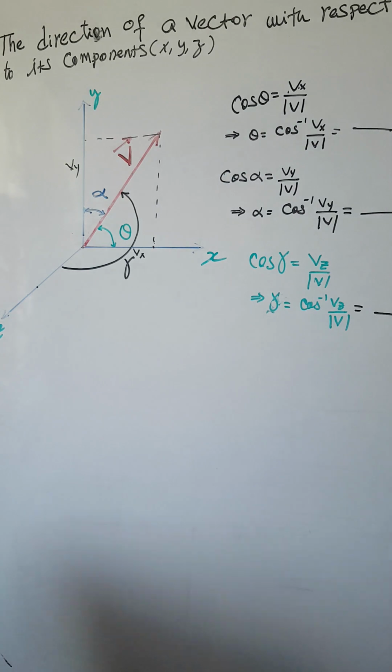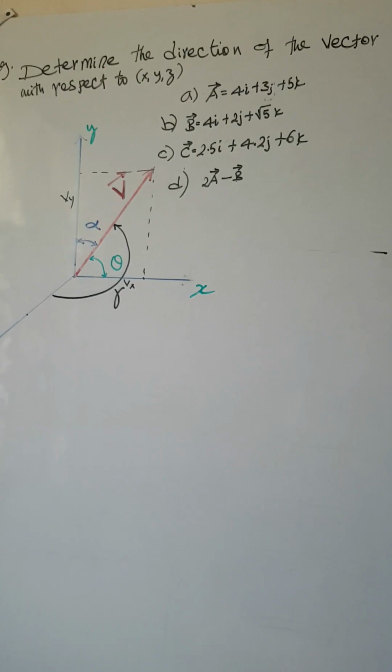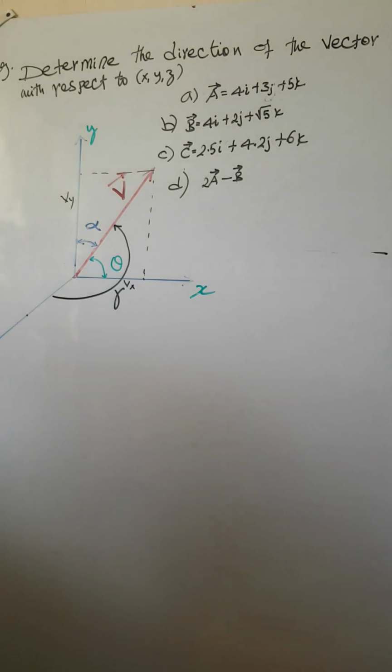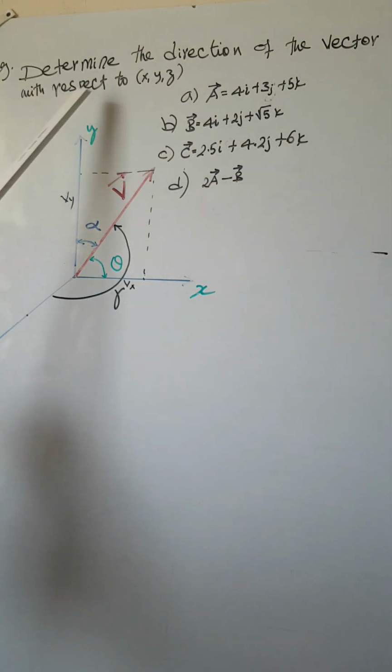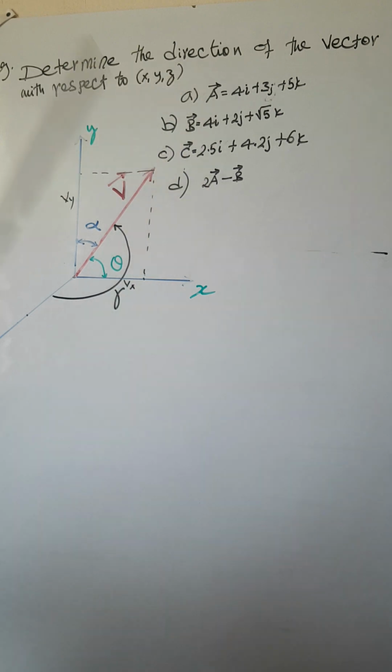So using this, we can have some examples. The question says determine the direction of the vector with respect to x, y, z.